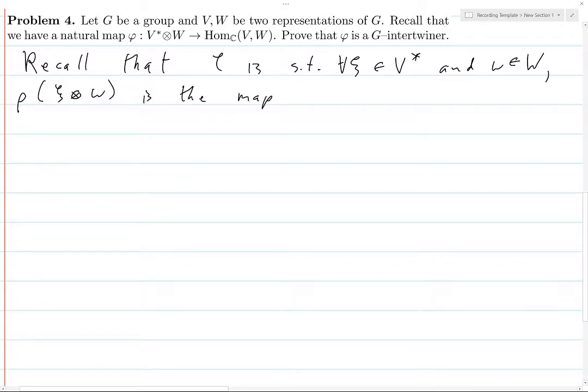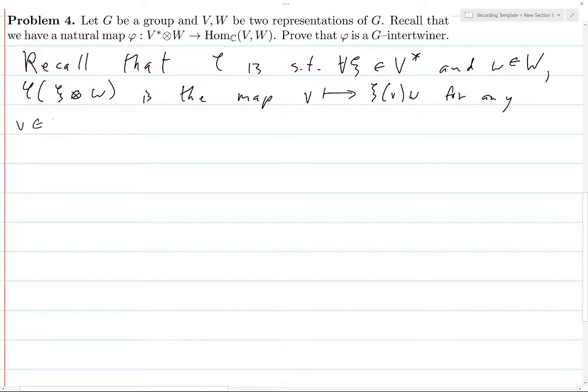Oh, that's not a rho, that's a phi. Phi of xi tensor w is the map which sends v to xi evaluated at v times w for any v in V.